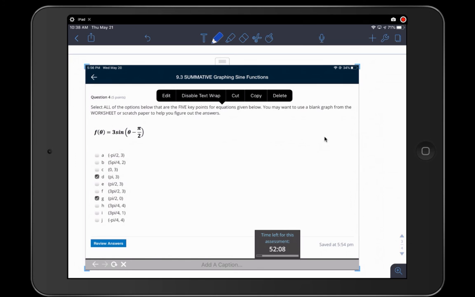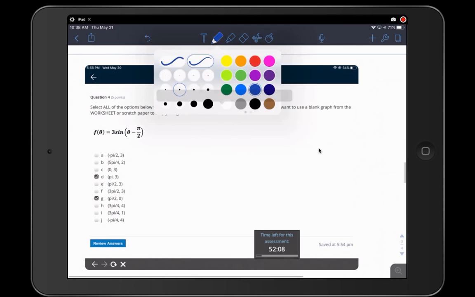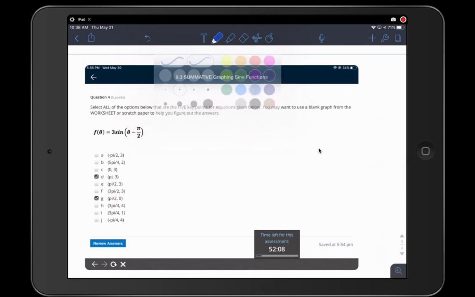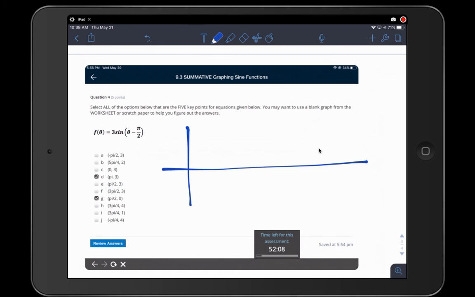Okay, so let's go through this and see what the answer to the question is. Yes, there is a mistake in this question. All of your answers are not listed. So let's take a look. I'm going to just hand draw a graph here.